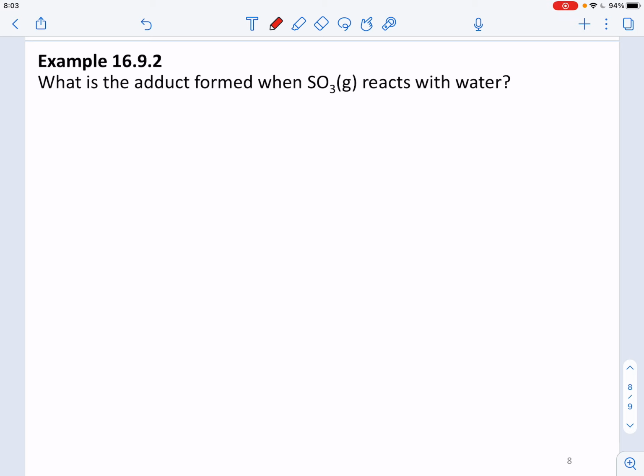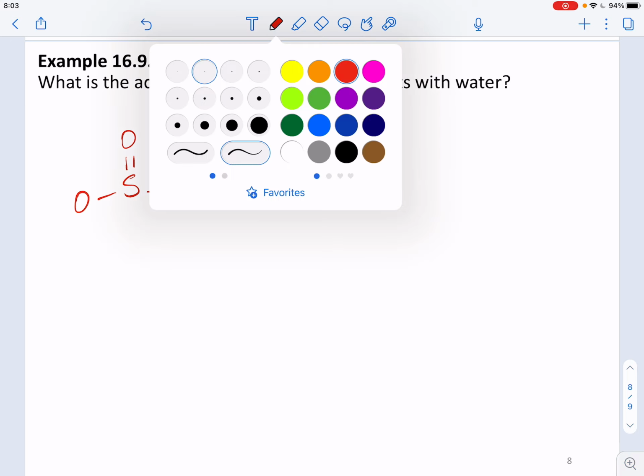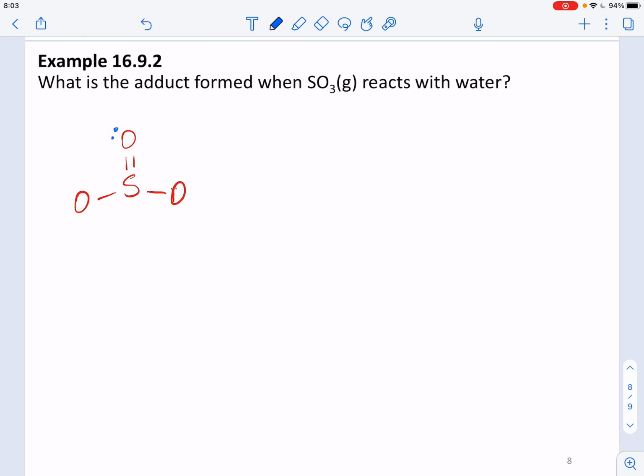So if you work the structure of SO3, you will end up with this. Okay, and if we fully draw this, then you have 2 lone pairs here and 3 lone pairs in each of the other oxygens, and that might be telling you, well, is this an acid or is it a base?